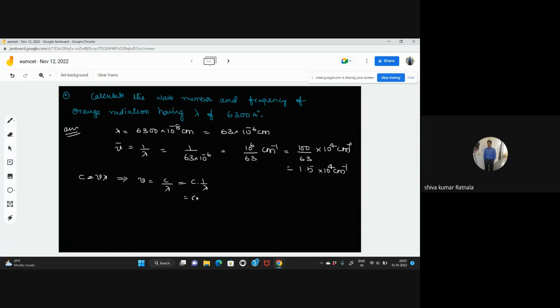So C value will be 3 into 10 to the power of 8 meters per second, or 3 into 10 to the power of 10 centimeters per second, into 1.5 into 10 to the power of 4. This is rough value I am writing, okay? That means 4.5 into 10 to the power of 14 second inverse. Okay, this is the answer.